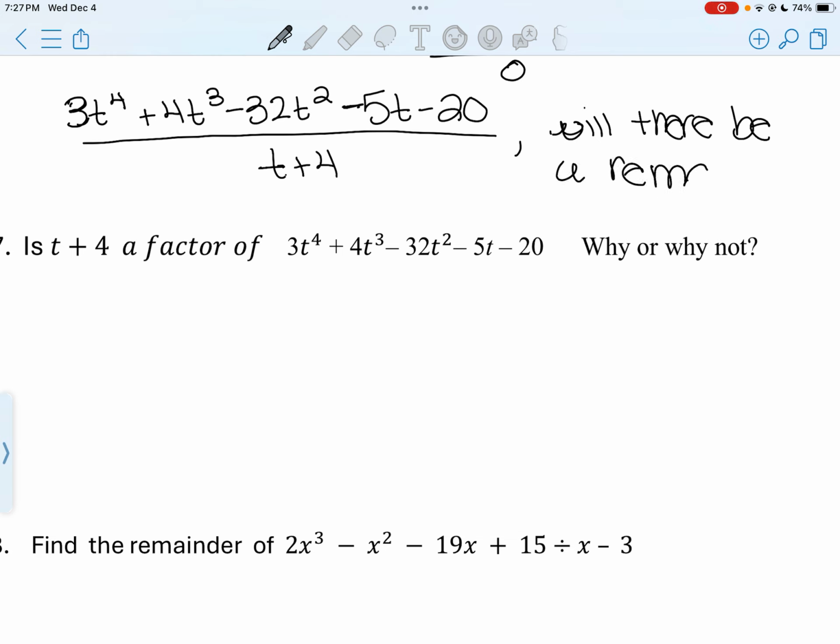If there is a remainder, then no, it's not a factor. If there is not a remainder, yes, it is.